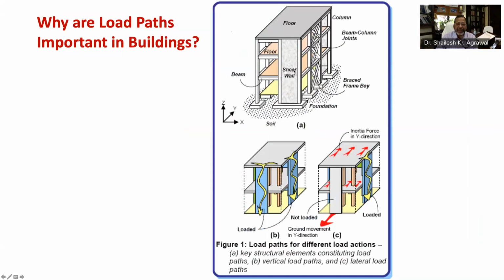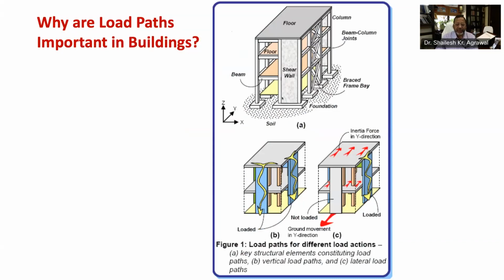Second, vertical elements spanning in the vertical plane along the height of the building, that is planar frames comprising beams and columns interconnected at different levels, walls, RCC or masonry, and planar trusses. Third is the foundation and soil, that is isolated and combined footings, mat, pile, and well foundations, soil layers, and rock. And fourth, the most important one is connections between the above elements.